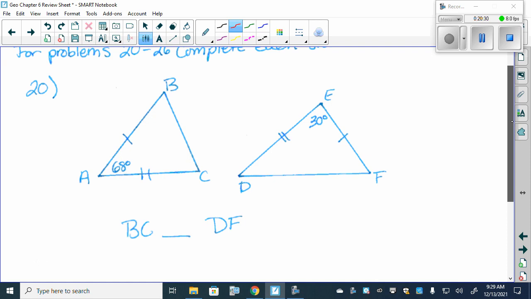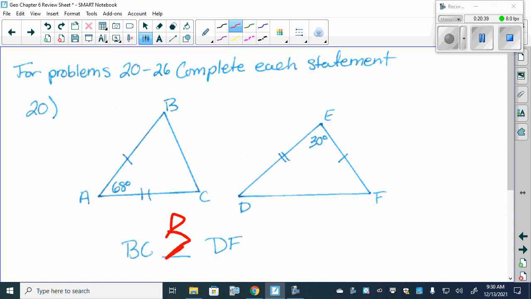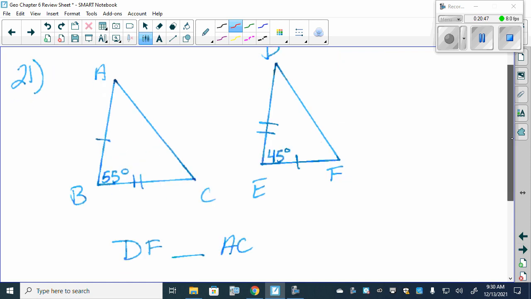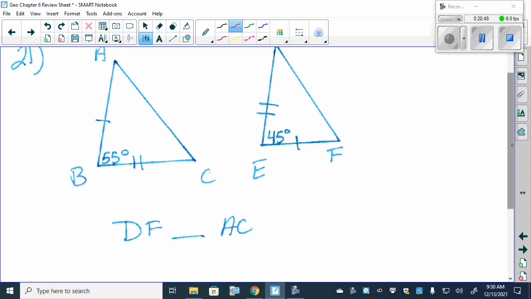Questions on 20 through 26. So which one's going to be bigger? Because 68 is bigger, so this side is bigger. Which one's going to be bigger? Because the angle opposite AC is bigger.